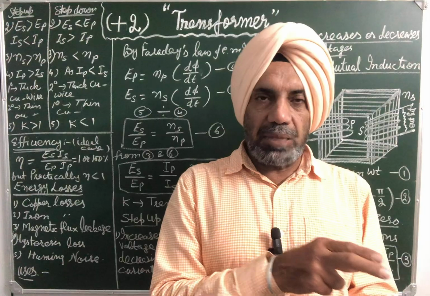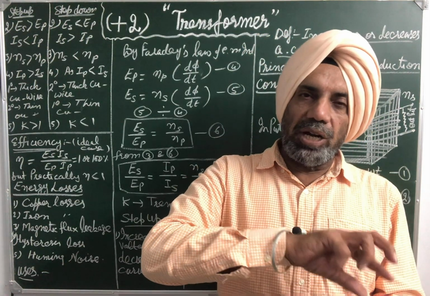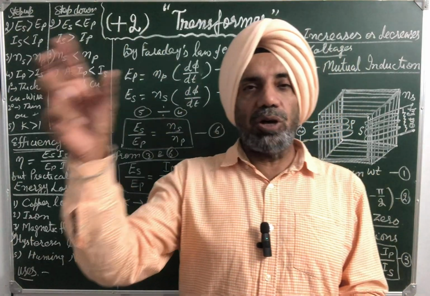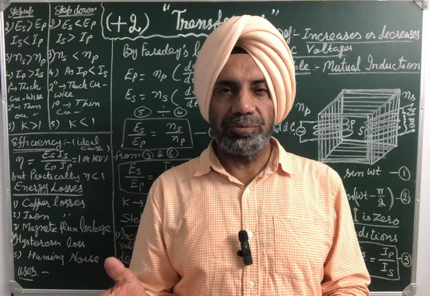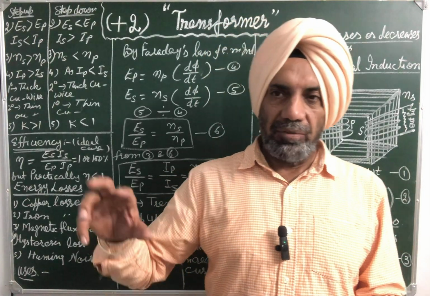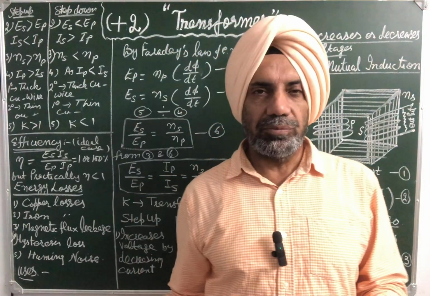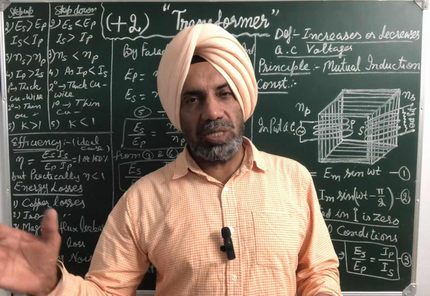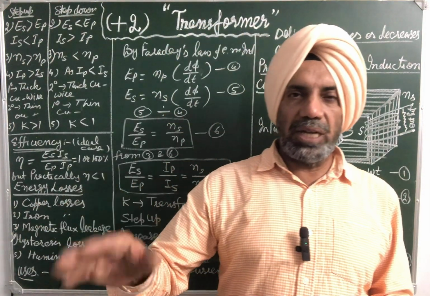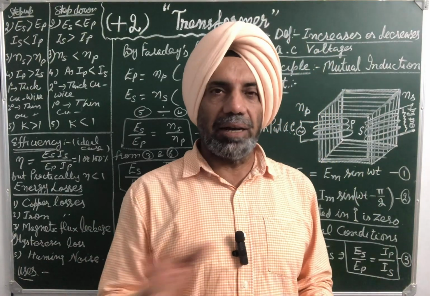Now, what does a step-up transformer do? A step-up transformer increases voltage, say 220 volt to 22,000 volt, so that it reduces current. And when we have to use 220 volt in our houses, we use a step-down transformer: 22,000 volt is stepped down to 220 volt. Why is it done?